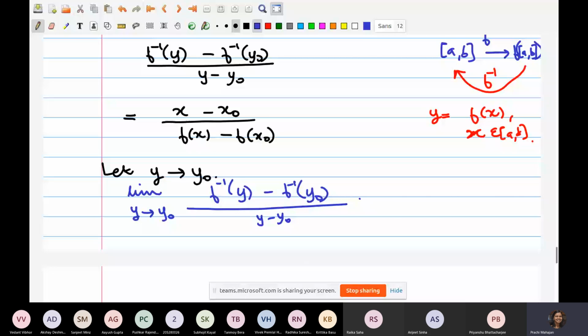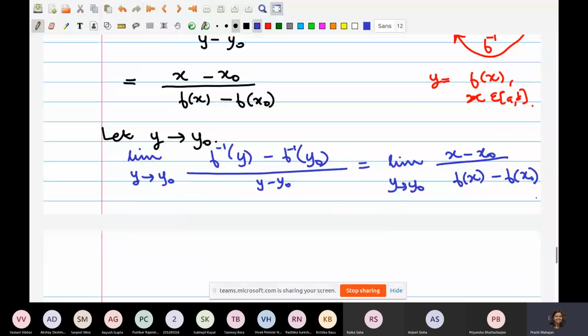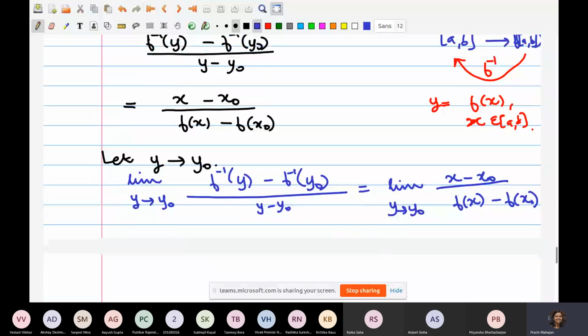Since f and f inverse are both bijections, I can write the following. So what do I do from this point? This is true, right? The limit of the left hand side is the limit of the right hand side. Now, what else can we do?